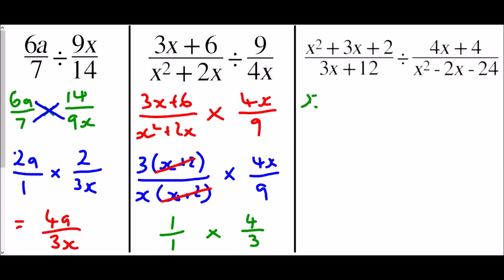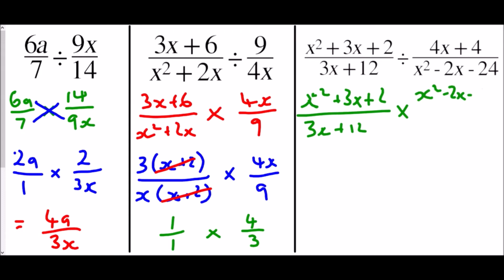So we want to copy x squared plus 3x plus 2, and we want to copy 3x plus 12, but we want to change it to a multiply, and then we want to flip to make it x squared, take away 2x, take away 24, all over 4x plus 4.